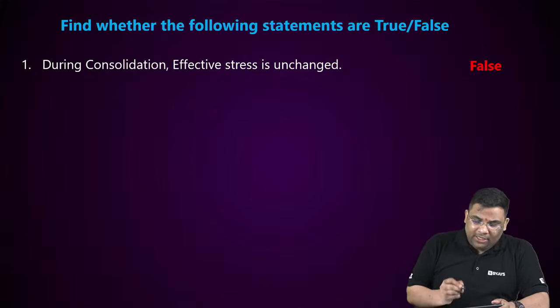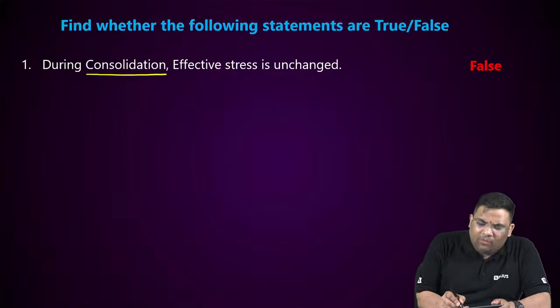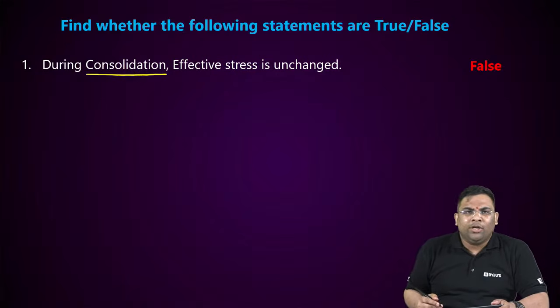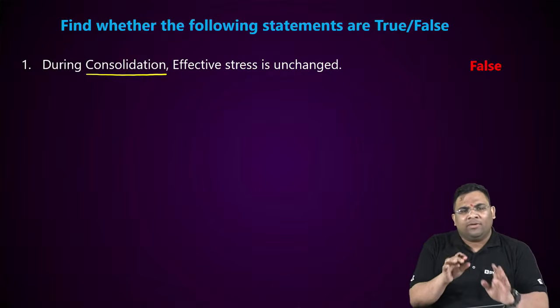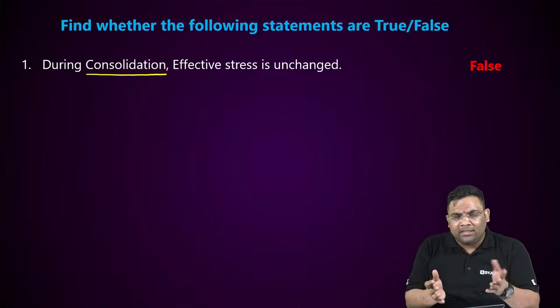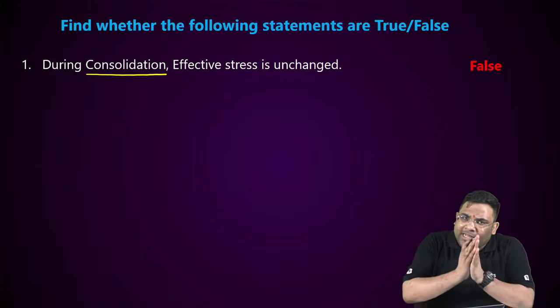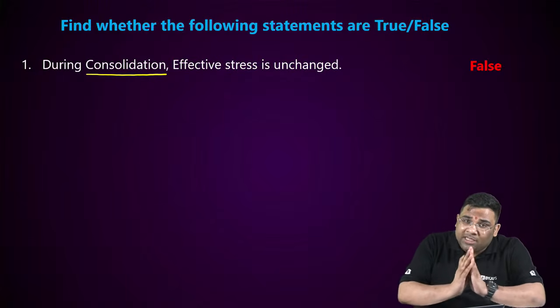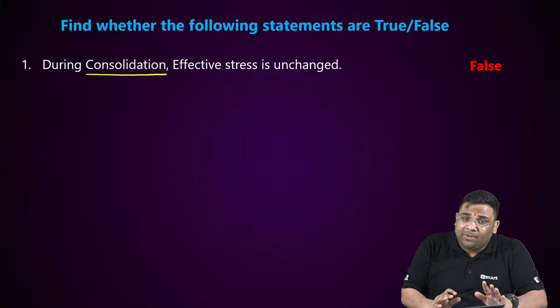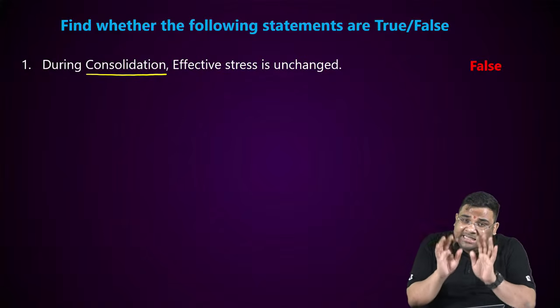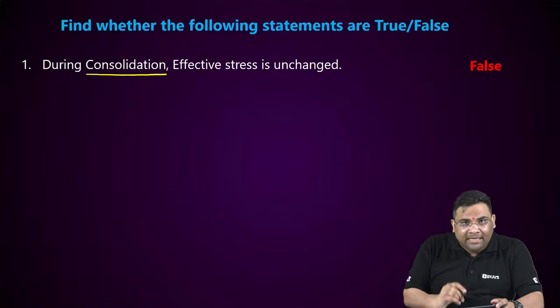You see, during consolidation, what is consolidation? I told you, consolidation means we are referring to primary consolidation, right? So primary consolidation means expulsion of water. So when the expulsion of water is happening, the excess pore water pressure is decreasing. So effective stress increased, right?